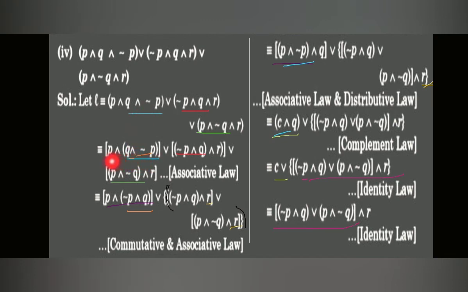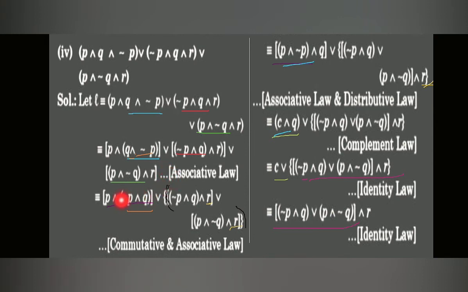See here, second step: this P write down as it is, P and take bracket to these two statements, Q and ¬P. And again here, ¬P and P take in bracket, write down in bracket, and again this P and ¬Q take bracket here, green underline. See here, P and ¬Q, right here bracket. This is associative law.